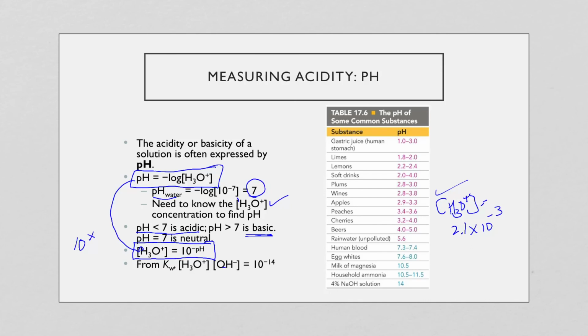That's much harder to grasp for somebody who doesn't quite have the background than just saying, oh, it has a value of 3.